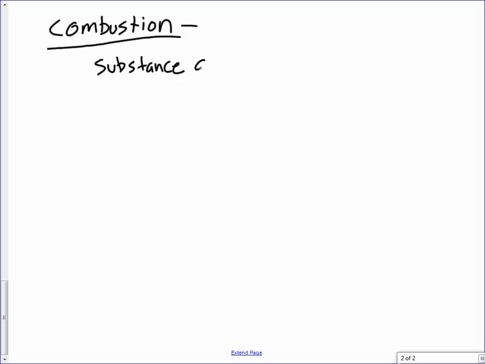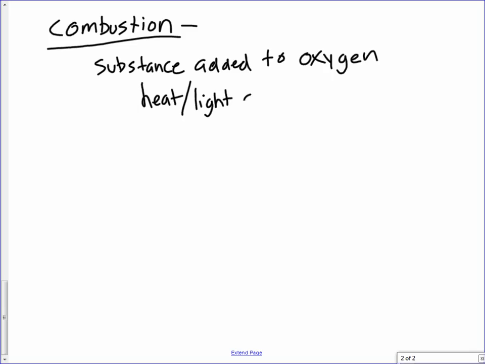The last type of reaction is called combustion. Rather than give you a general form for combustion, I'm just going to tell you that in a combustion reaction, you have a substance added to oxygen, and heat and light are produced.